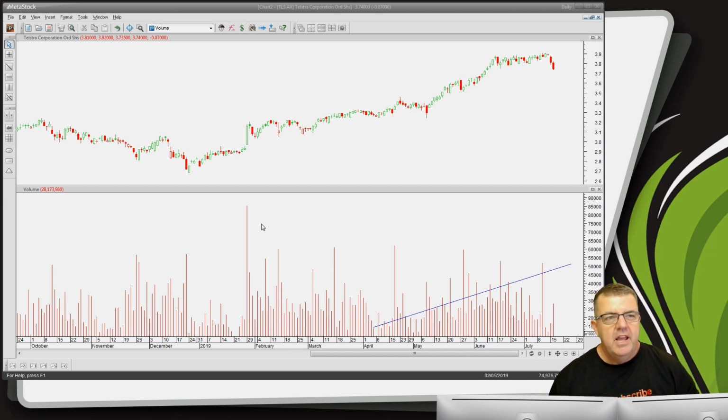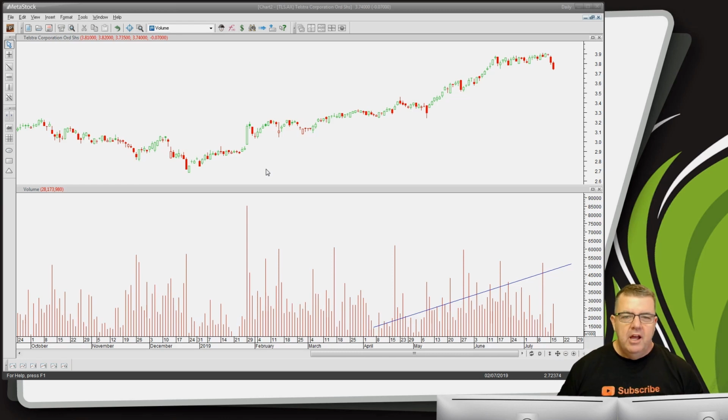Indicators can really be broken up into a couple of different categories, either leading indicators or lagging indicators. Lagging indicators, as the name suggests, mean that the indicator follows the price. It's behind the price, such as a moving average, telling us what has happened in the past. It's a lagging indicator, as opposed to a leading indicator, which shows us what is potentially going to happen in the future.